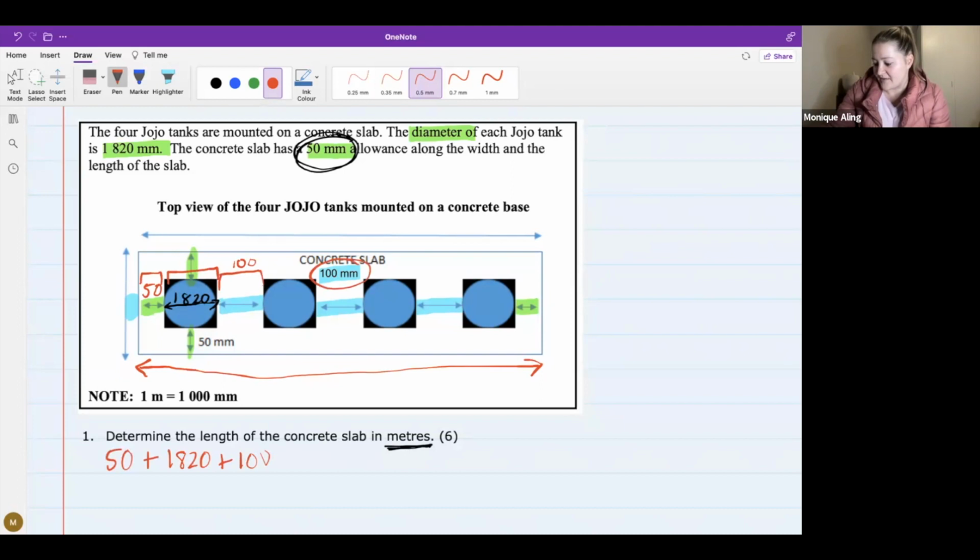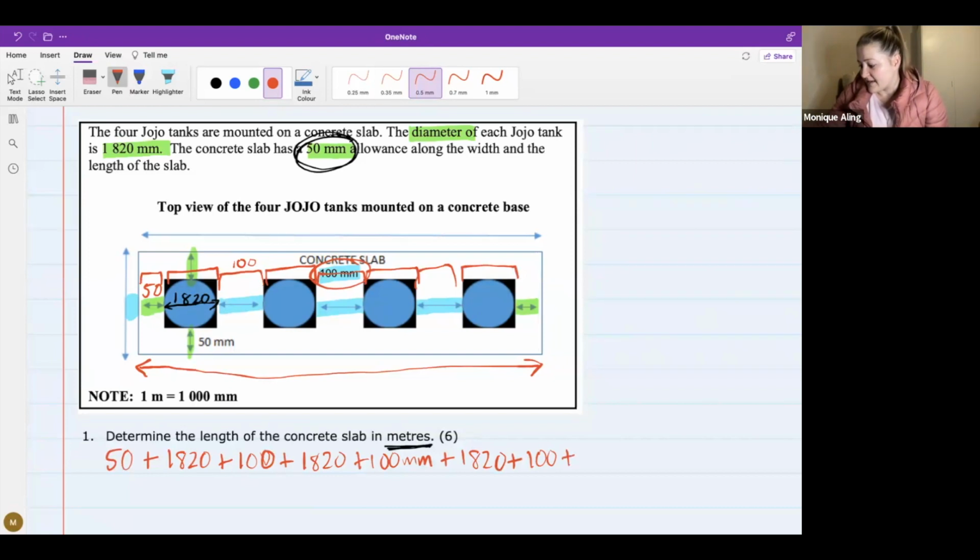Then it's another cylinder, which is 1,820, plus another 100 mils, plus another cylinder, plus another 100, plus another cylinder, and we know the end piece is 50.